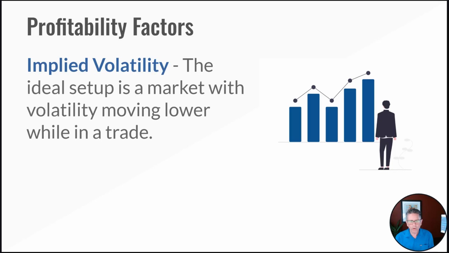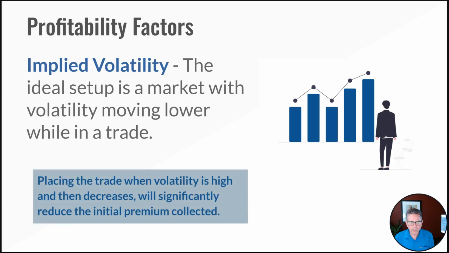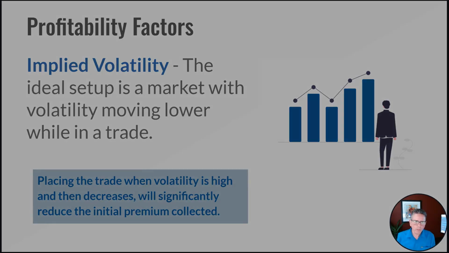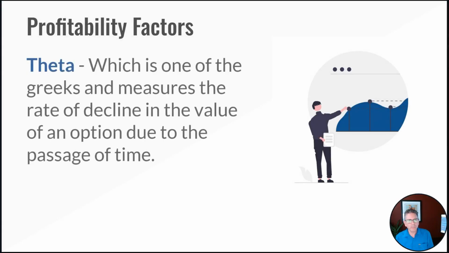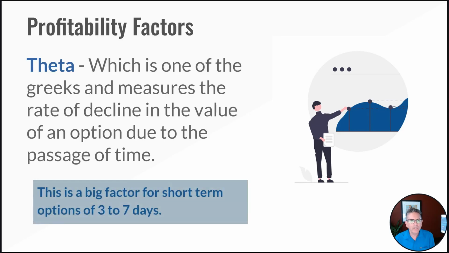That's the perfect scenario, and it doesn't happen most of the time, though it happens quite a bit, but that's how you want to position it. The other probability factor is theta, which is what we just talked about: the rate of decline in the value of the option due to the passage of time.